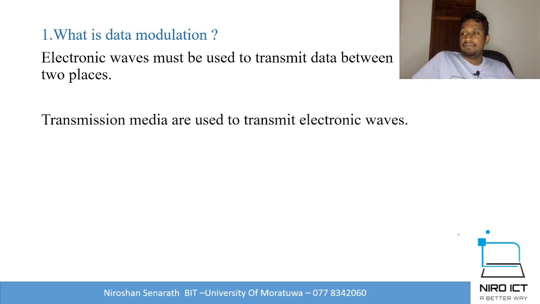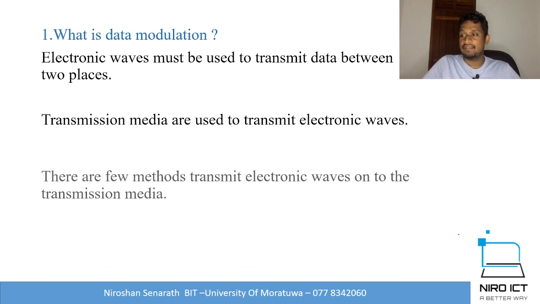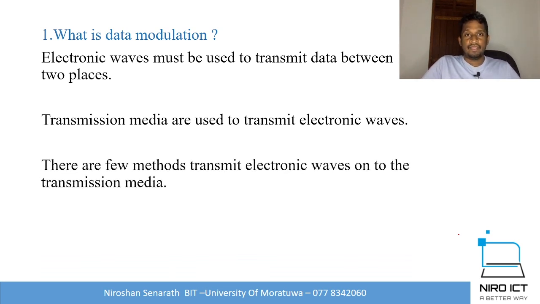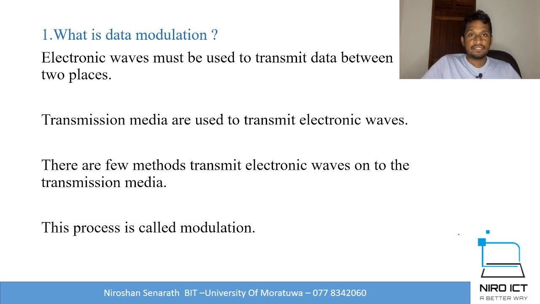The transmission media are used to transmit electronic waves, and when we are directing a signal into the transmission media, modulation techniques are very important. That's why there are a few methods to direct a signal into the transmission media, right? This process is called modulation.